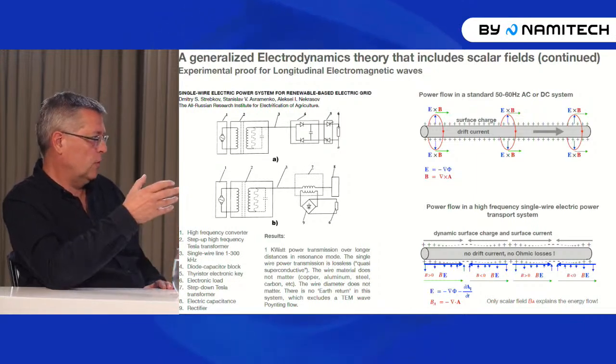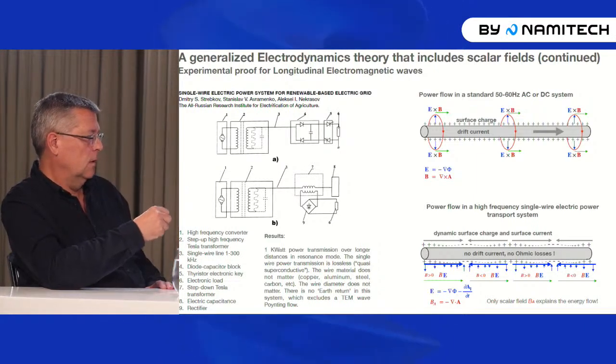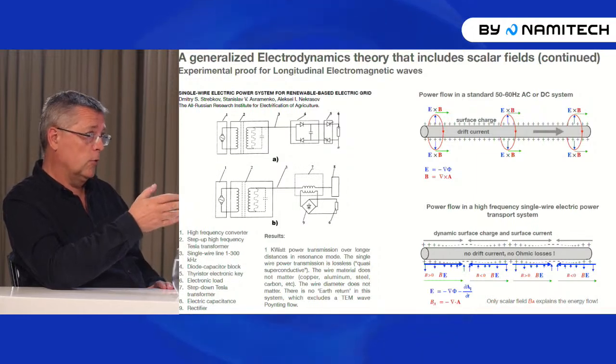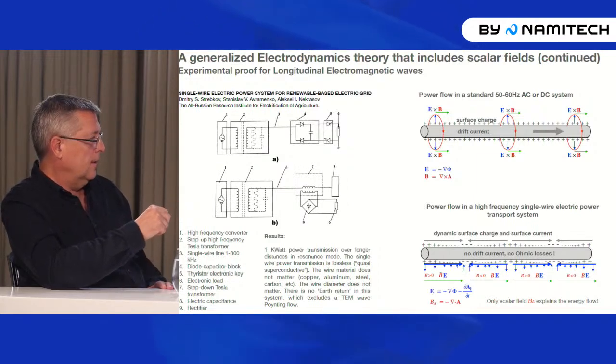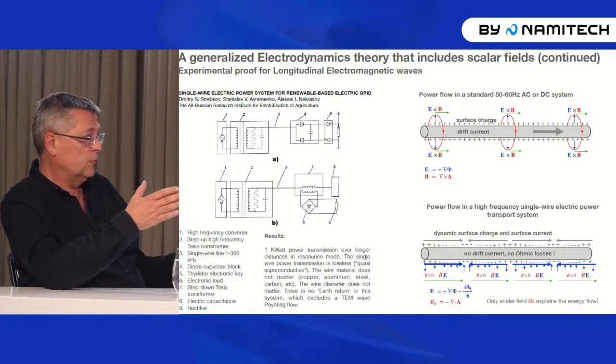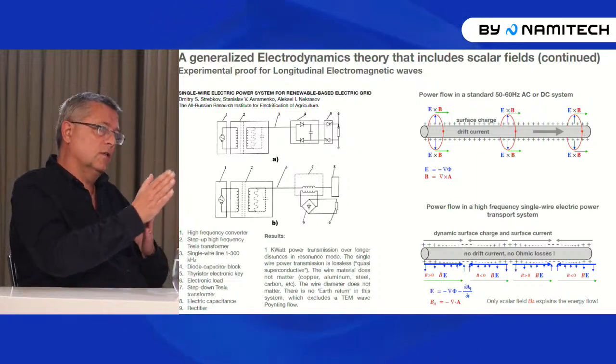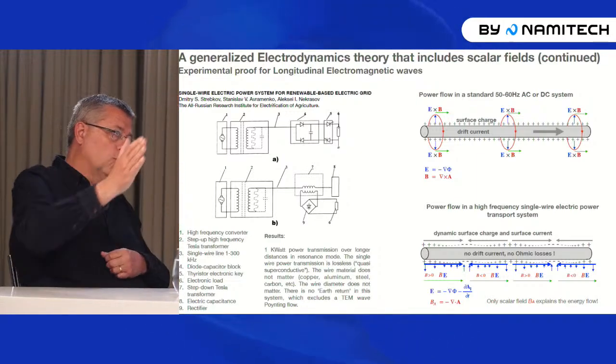It can be copper, aluminum, steel. So there's something going on with this system. And there is no earth return. That means it's just a single wire without a return wire, which is more the traditional way of energy transport.